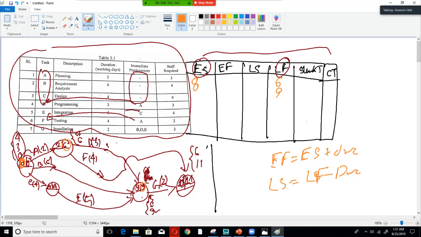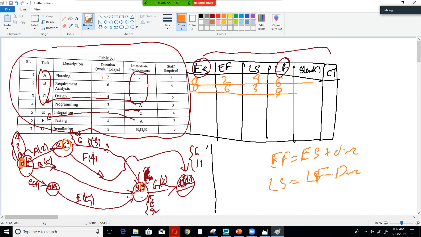So for EF the value will be 0 plus 2, so EF will be 2, and for LS it would be 6 minus 2, that would be 4. For B it will be 0 plus 6, this will be 6, and 9 minus 6 it will be 3.